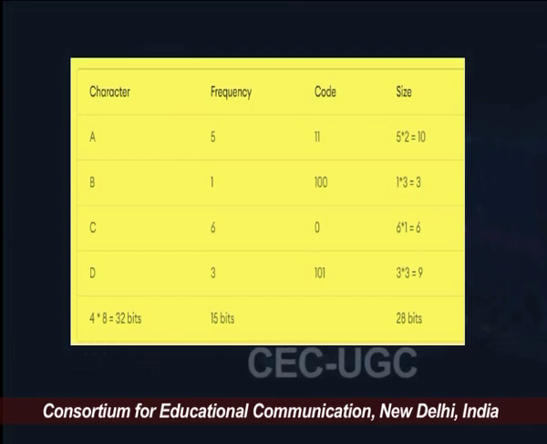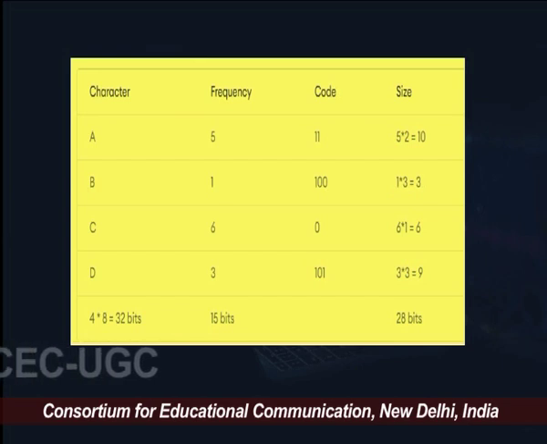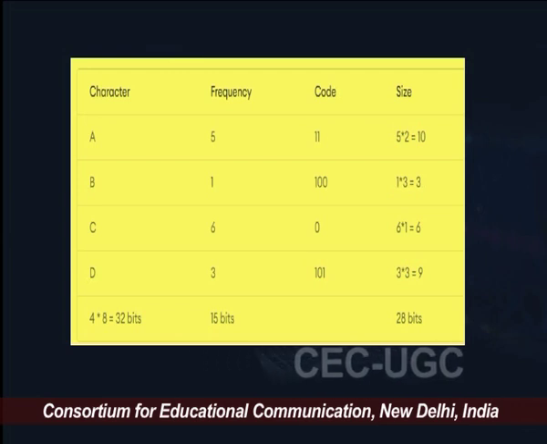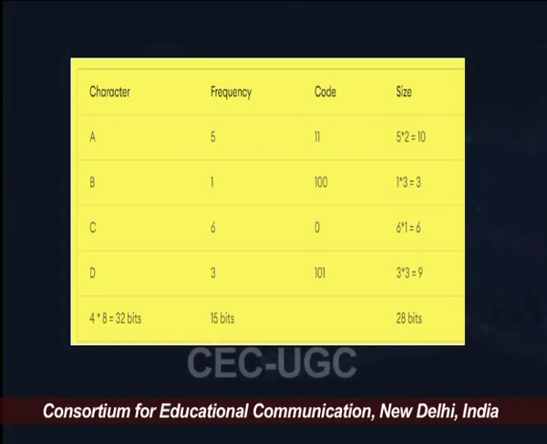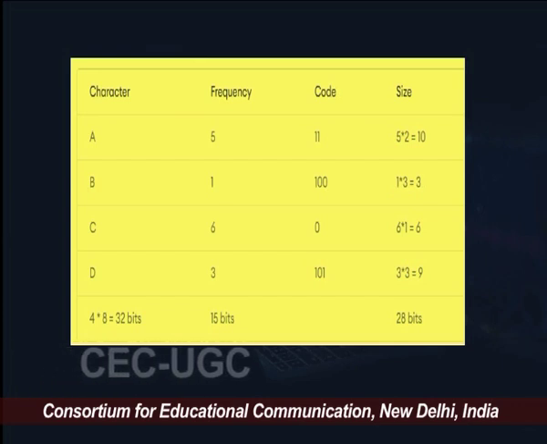5 and the code is 1 1, 2 bits. So, 5 multiplied by 2 gives us 10. If we talk about B, the frequency is 1 and the code is 100, which is 3 bits. So, 1 into 3 is 3. Then the frequency for C is 6, the code is 0, so 6 multiplied by 1 bit is 6.